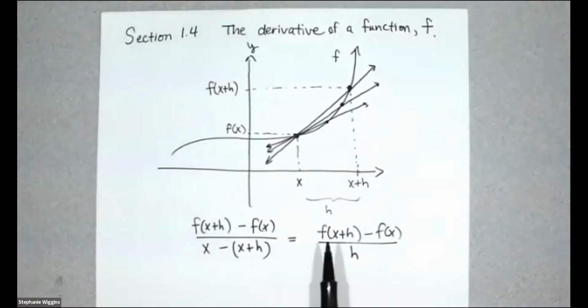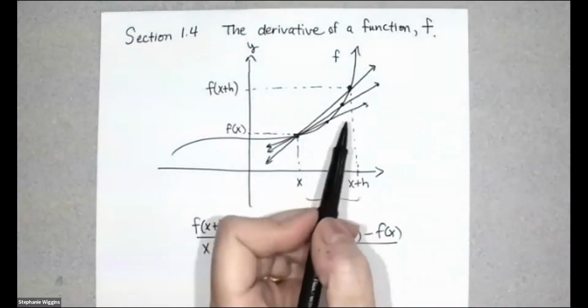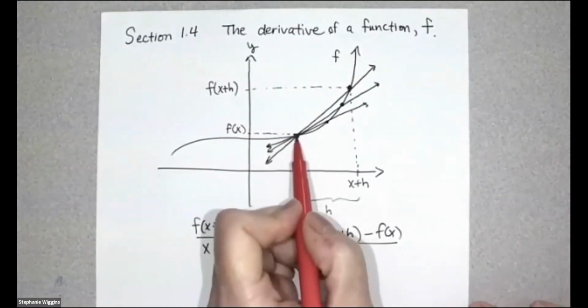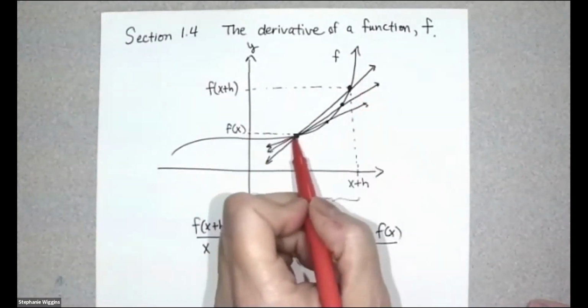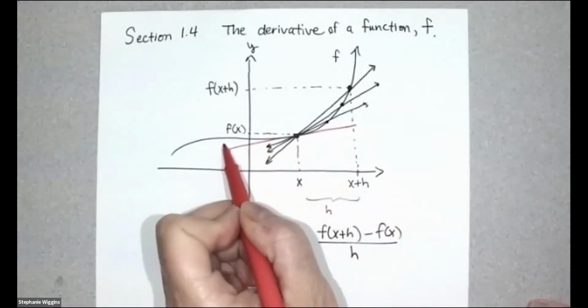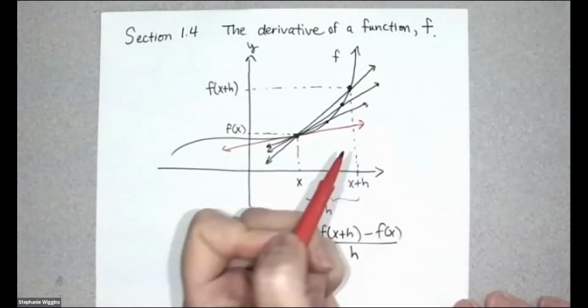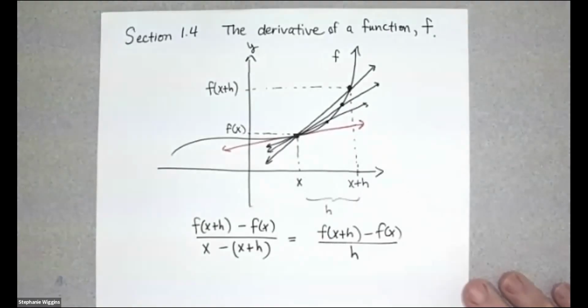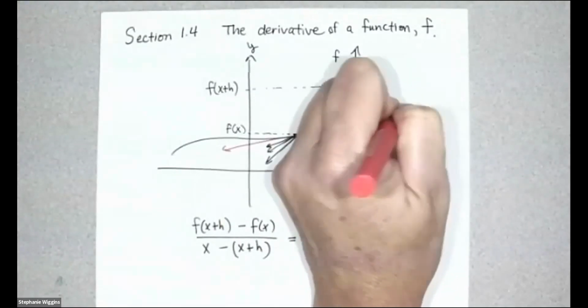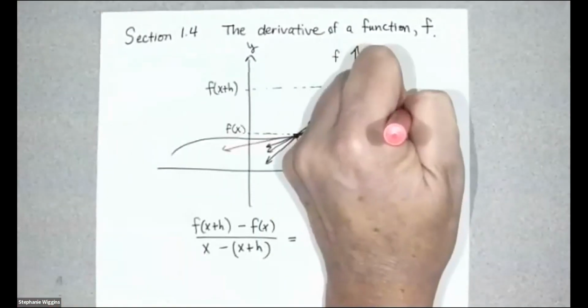But as you let this h get smaller and smaller, you're getting closer and closer to this point here, and your line is getting closer and closer to what we call the tangent line. The slope of that tangent line is the derivative at the point x.